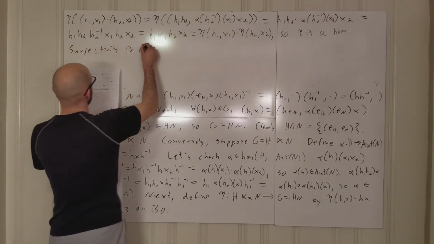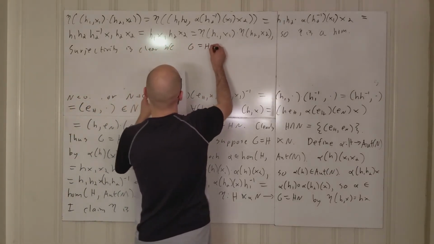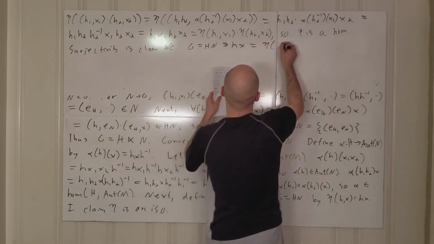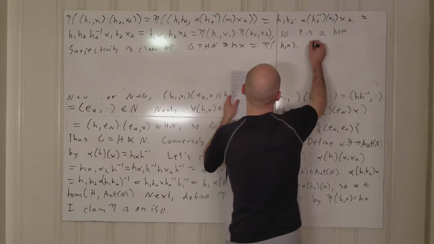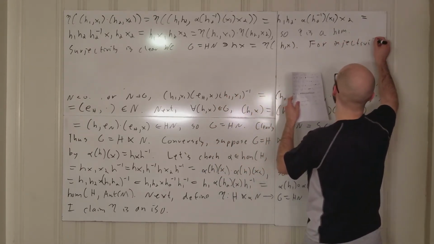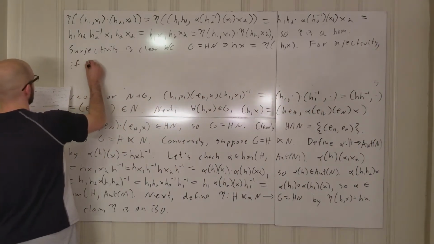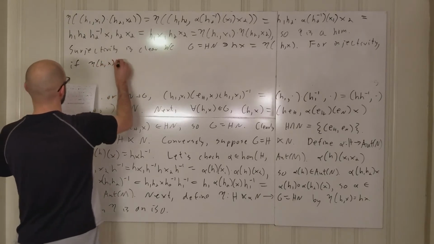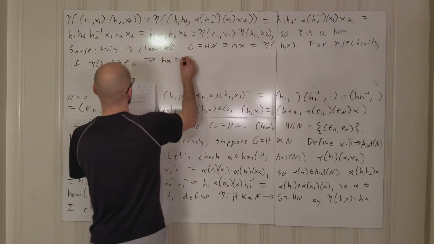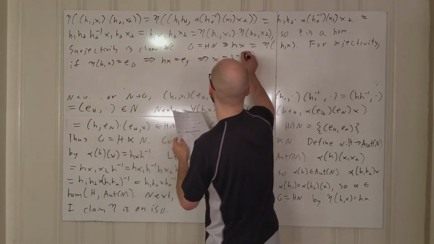Surjectivity is clear because G is equal to HN, so if you take any element hx in there, this is going to be eta of (h, x). For injectivity, let's see here. If eta of (h, x) equals e_G, this is going to imply hx equals e_G. So that's going to imply that x is equal to h inverse.